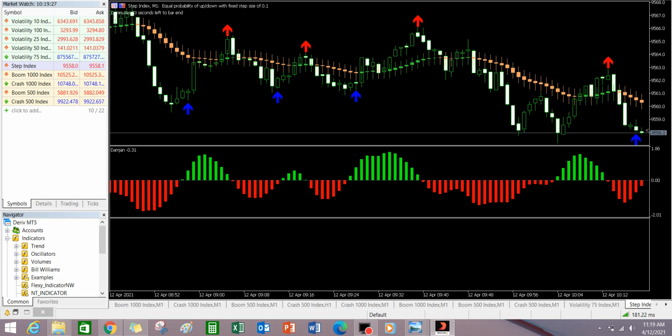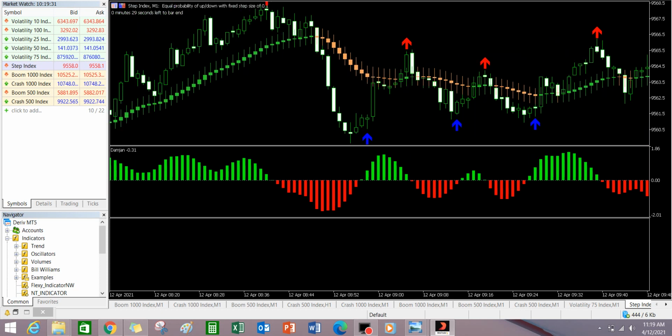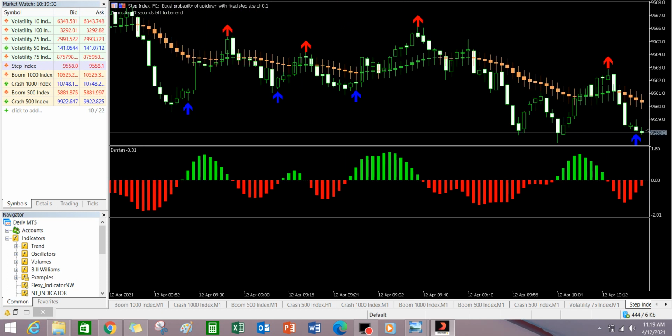But there is one thing I need to let you know. For the step index, the QDC trend scraper is not going to show. Okay, the QDC trend scraper will not be showing. I don't know why, but they didn't allow it to show. But I can say a few reasons why they didn't allow it to work with the step index.